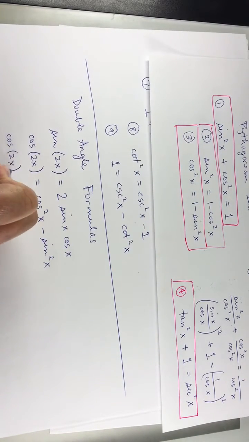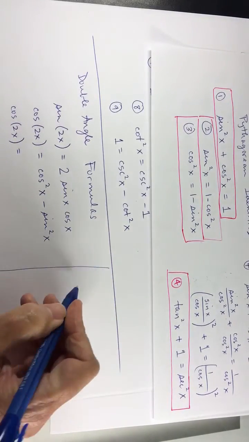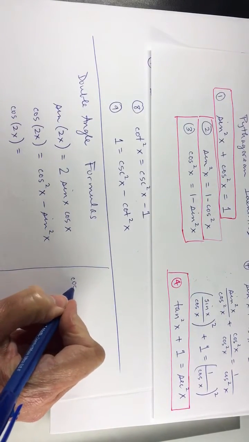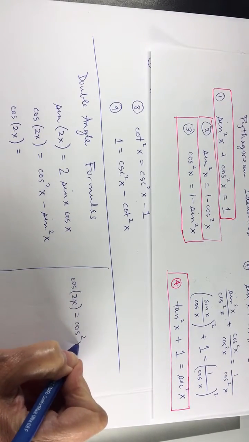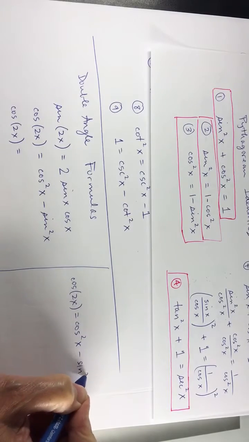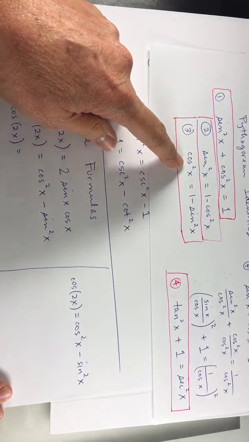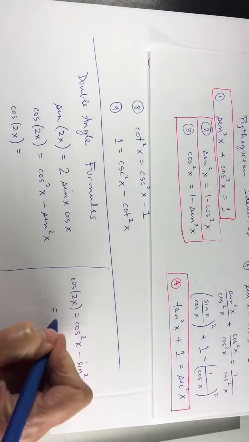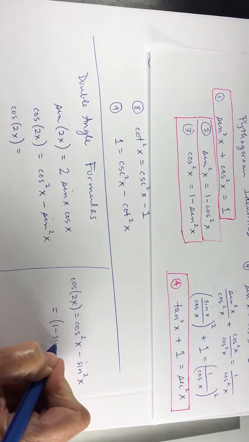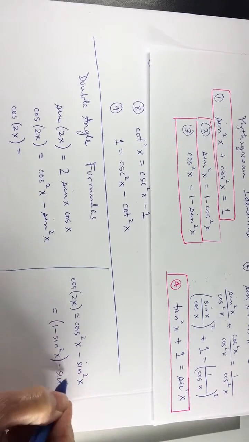Okay, cosine 2x. I know cosine 2x is cosine squared x minus sine squared x, and up here, cosine squared x is 1 minus sine squared x. I can put that in for cosine squared x.